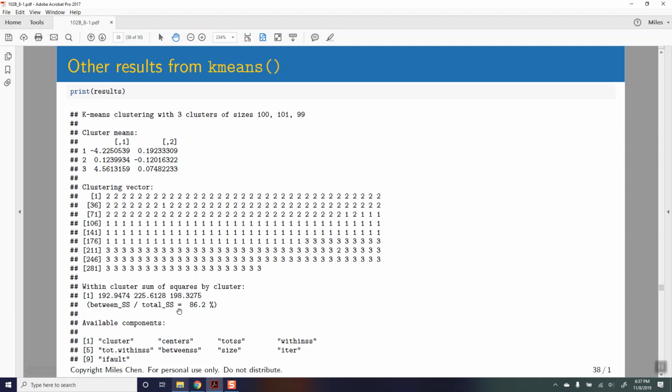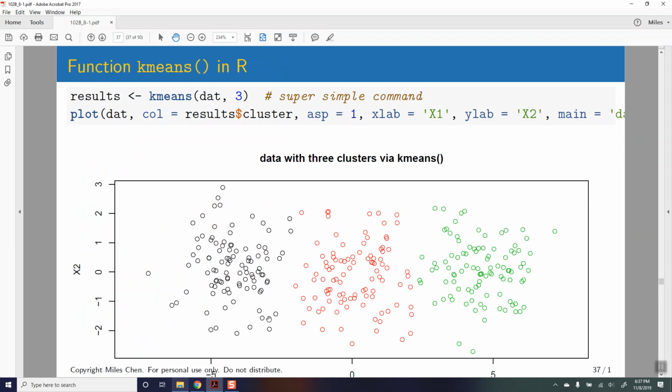It gives you this measure of basically the within cluster sum of squares versus the total sum of squares. So the idea is when you've done clustering, you have minimized the within cluster variance and maximized the between cluster variance.